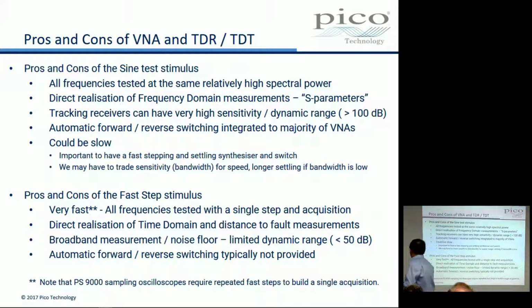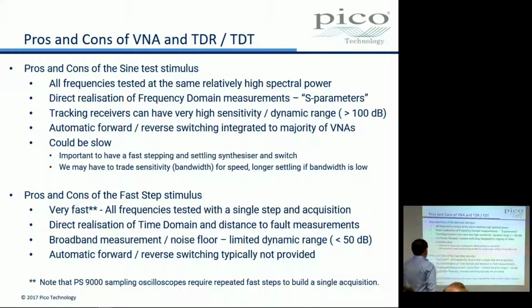Now what we're going to, sorry, I haven't finished, have I? Pros and cons of fast step stimulus. Very fast, all frequencies tested at the same time. Direct realization of time domain measurements. And so very quickly you can get distance to fault. So TDR and TDT are very good at finding if there was a short circuit on the end of this. That's the quickest way to find it, and how far away the short circuit is so that you can go and fix it.